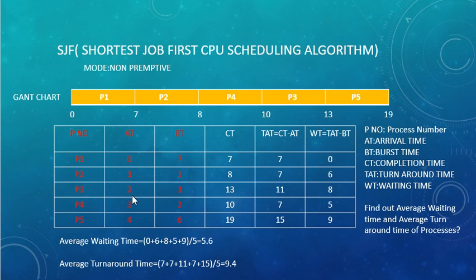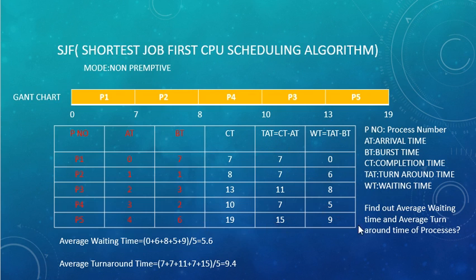Arrival time of P3 is 2, 13 minus 2 is 11. And completion time of P4 is how much? 10. And arrival time is 3, 10 minus 3 is 7. Again, completion time of P5 is 19, 19 minus 4, the arrival time of P5, is 15. So this is how you have to find out the turnaround time.